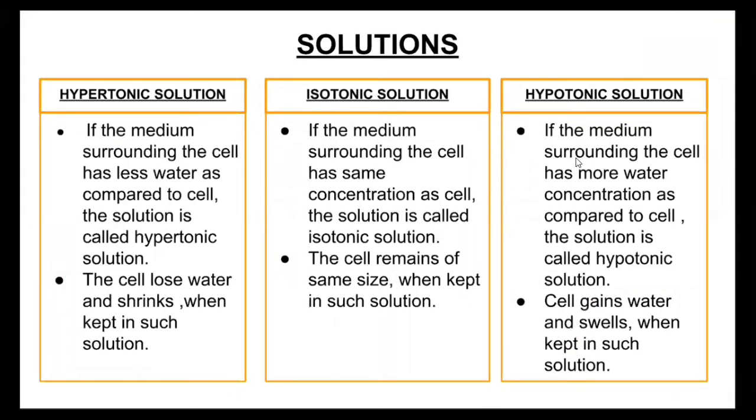In isotonic solution, the concentration of both inside the cell and outside the cell is same. And in this case, the cell will be of the same shape. It will remain as it is. Right? I hope it is clear now.